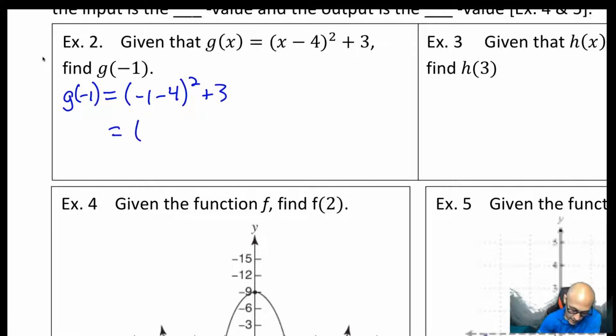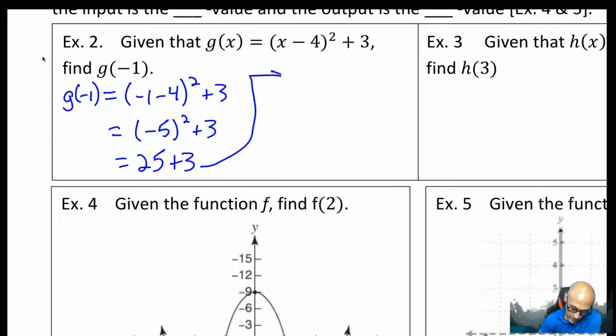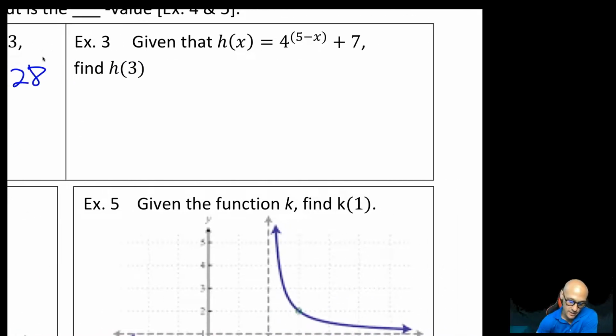Negative 1 minus 4 is negative 5 squared plus 3. Negative 5 times negative 5 is positive 25 plus 3. So g of negative 1 is equal to 28. When the input is negative 1, the output of g is 28.